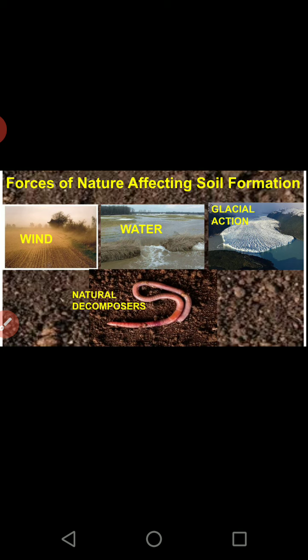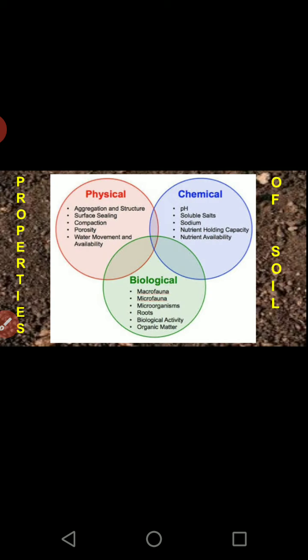Glaciers, glacial action also moves the parent rocks and then deposits them. Then you have the natural decomposers. Humus collection is there, but natural decomposers will also add to nitrogen fixation and so on. So these are also other factors, but the main five factors are the previous ones.